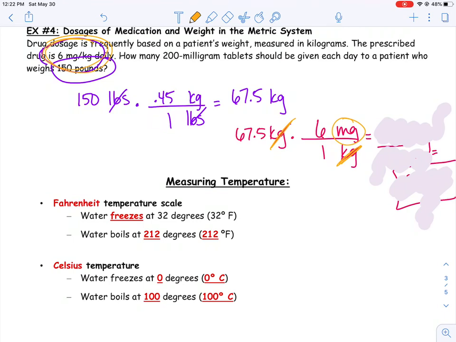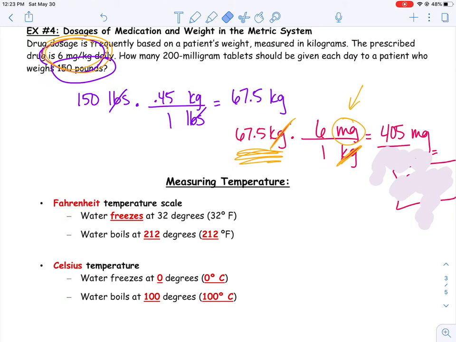So a couple different conversions that we're going to have to do in one problem. And so I know that this person weighs this much, but I know that he needs 6 milligrams per kilogram. So that's what I'm going to do. I'm going to multiply it and get it into milligrams. So I know now that this person needs 405 milligrams per day based on this person's weight.